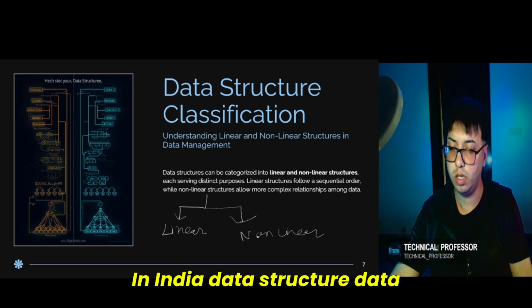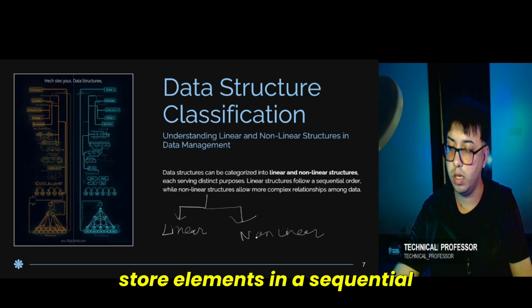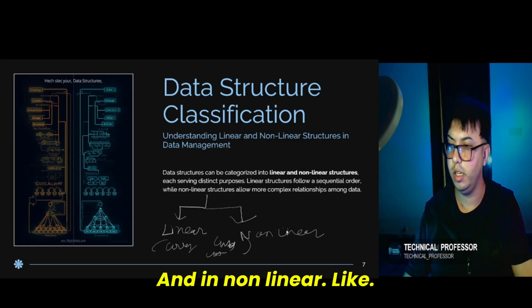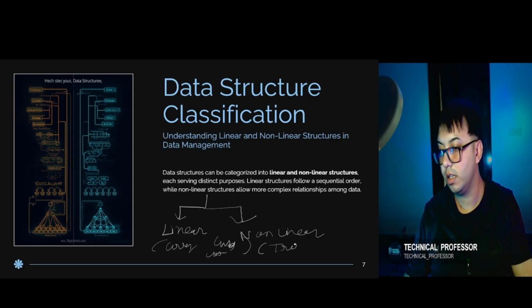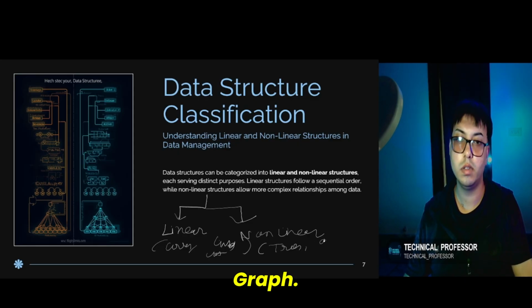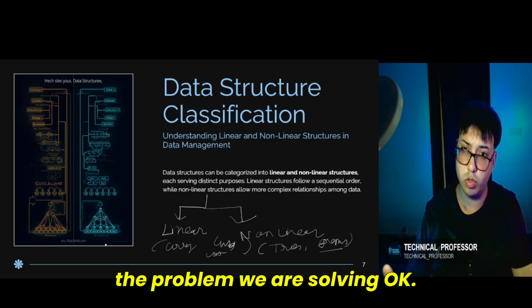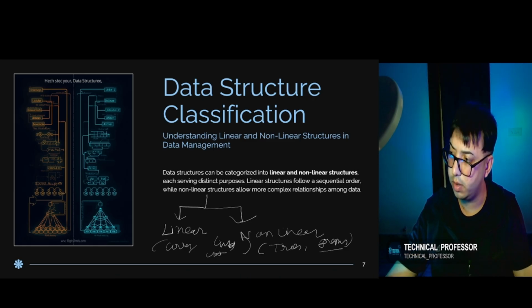In a linear data structure, elements are stored in a sequential manner, like an array and a linked list. Non-linear ones are like a tree and a graph. Choosing the right type depends on the problem we are solving.